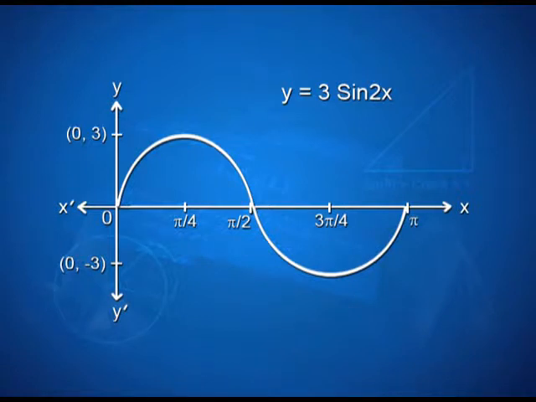Now, let us take the graph of the function y is equal to cos x. Since cos x is a periodic function with period 2 pi, it is sufficient to draw the graph in the interval 0 to 2 pi.